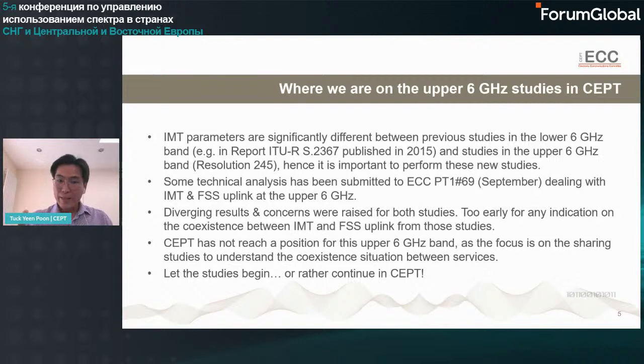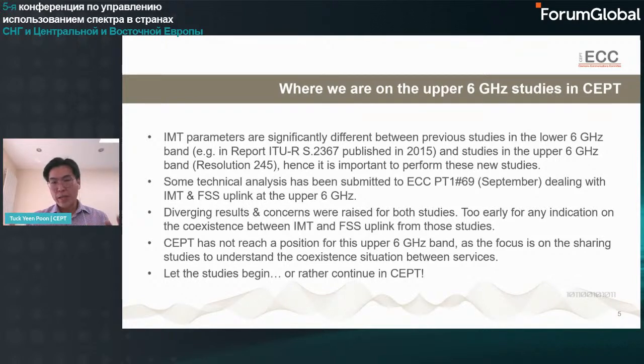Some of the technical analysis was submitted to PT1 last week. We had our 69th meeting last week, and those studies dealt with IMT and FSS uplink in the upper part of the 6 gigahertz band. The studies have very diverging results, and we provided a platform for everyone to raise concerns and clarify some of these differences.